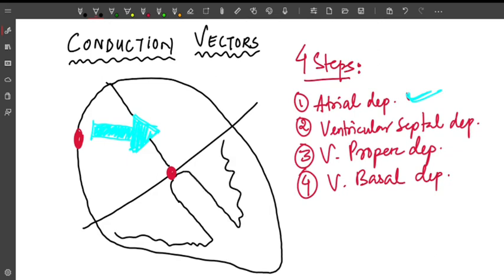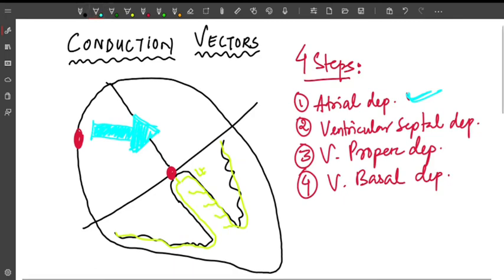Okay, so in the ventricular septum, the fibers descend: there is the bundle of His, there is the right bundle branch, left bundle branch. Okay, so the interesting thing is that the interventricular septum is supplied by the left bundle branch.